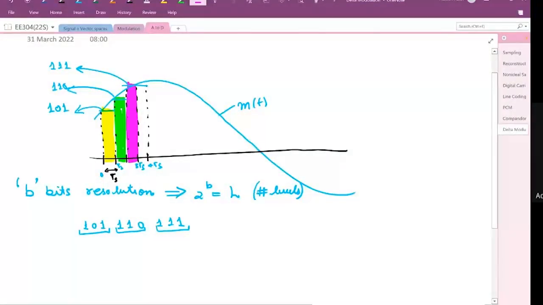So instead of doing the encoding for the complete amplitude level, one can just do the difference in the amplitude.